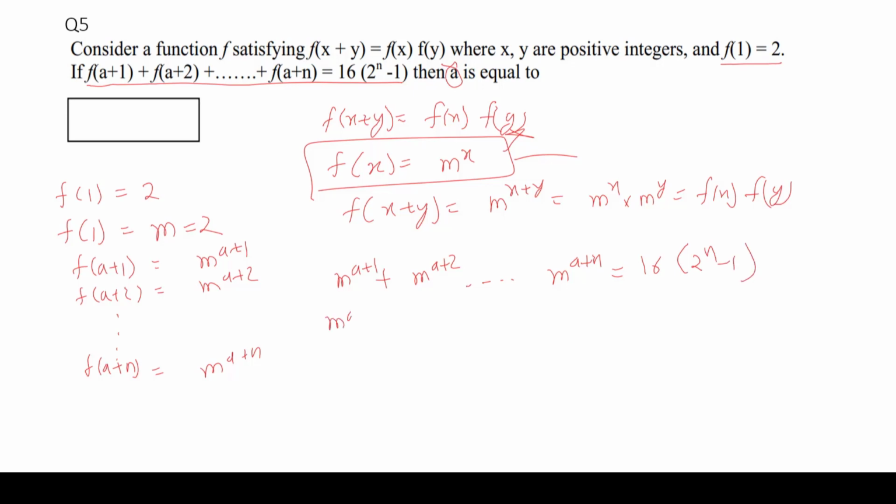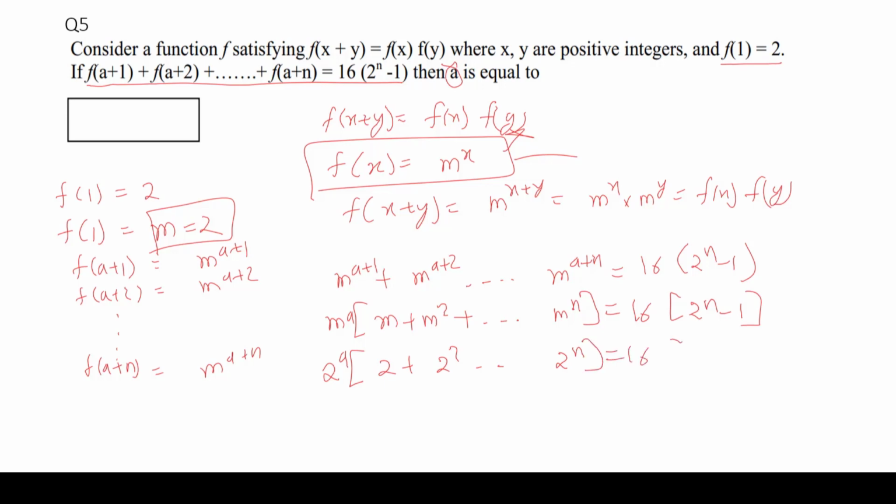Now m^a will be common, and m^1 plus m^2 up to m^n equals 16 into (2^n minus 1). Now we know the value of m equals 2, so on putting it we get 2^1, 2^2 up to 2^n.